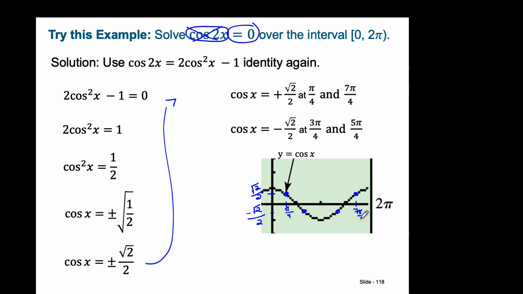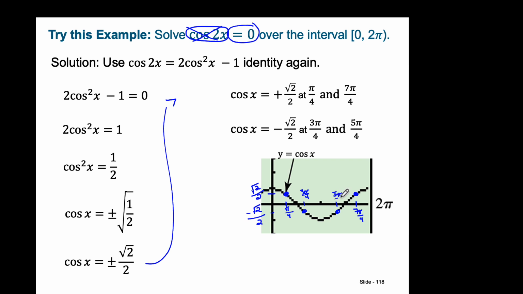That's where those two answers came from, or you may just be referring to the table, which is fine. And then the other two answers are here. This is 3 pi over 4, and here again at 5 pi over 4.